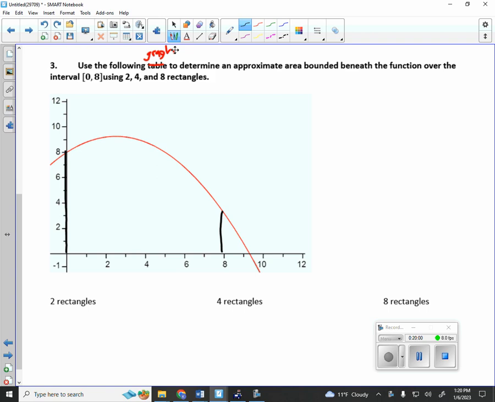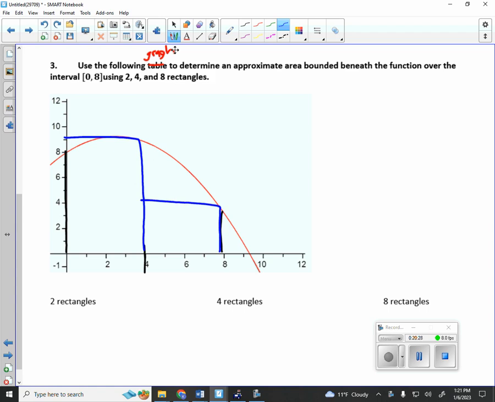So if it's 2 rectangles, I do my first split at 4. So when I draw the rectangle, I go over to 4 and I draw to the height. And then I go over to 8 and I draw the height there.